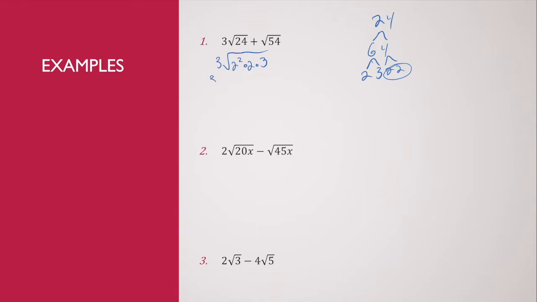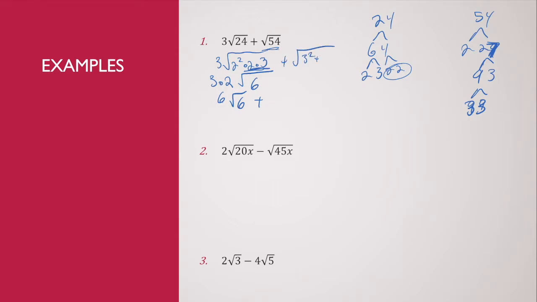So I have 3 times 2 times the square root of 2 times 3, which is 6 square root of 6. 54 factors into 2 times 27, which is 9 times 3, so 3 squared times 2 times 3, which is 3 square root of 6. These have the same radical parts. 6 square root of 6 plus 3 square root of 6 is 9 square root of 6.